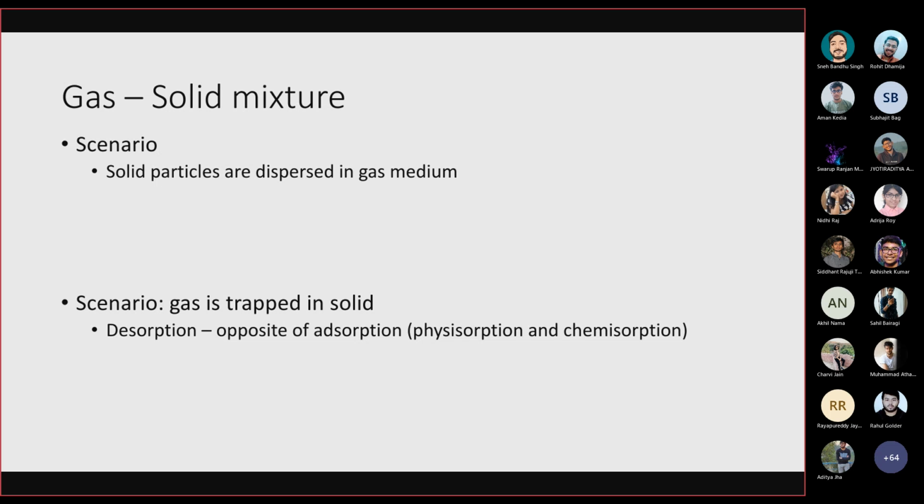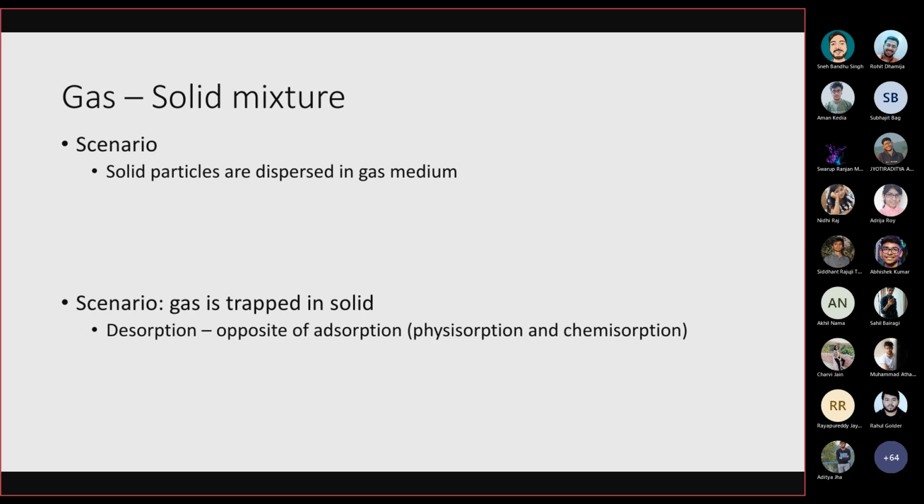With the help of desorption. Desorption is the opposite of adsorption. Like we have a gas trapped in a solid. When we purge another gas through that one, because of the concentration gradient, whatever gas is trapped in the solid material tends to diffuse outside.